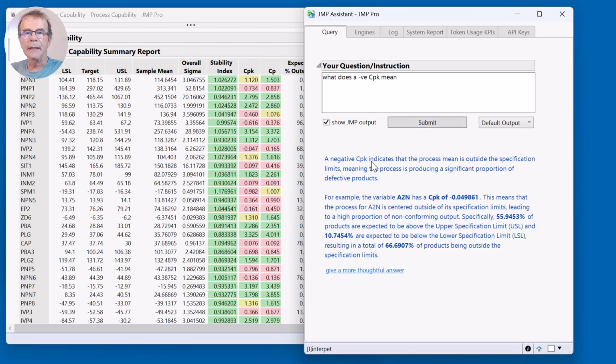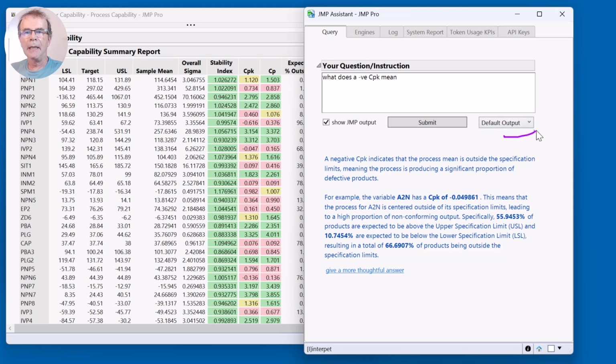It means a negative CPK indicates that the process mean is outside the specification limit. So it's shifted so far that the mean, not just the tail of the distribution has gone outside the spec limits, but the entire mean has gone past. So again, this actually could have been, we could have maybe had a fifth classification, which is where we've got an extreme process shift.